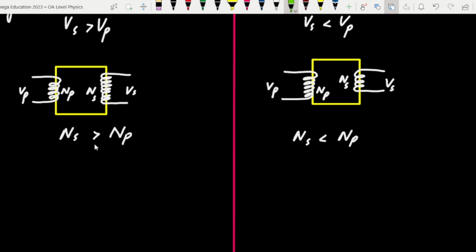So if NS greater than NP, then voltage on secondary coil would be greater than the voltage of primary, but then current on the secondary coil would be less than the current on the primary coil. Likewise for this one, Vs less than Vp, but at the same time for current it would be exactly the opposite.